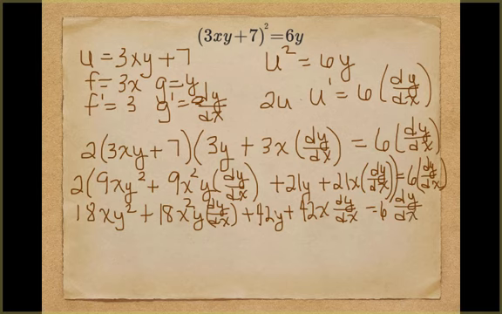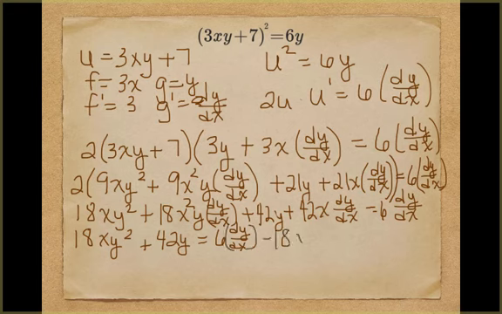And moving everything with dy/dx gives me 18xy squared plus 42y equals 6 dy/dx minus 18x squared y dy/dx minus 42x dy/dx.